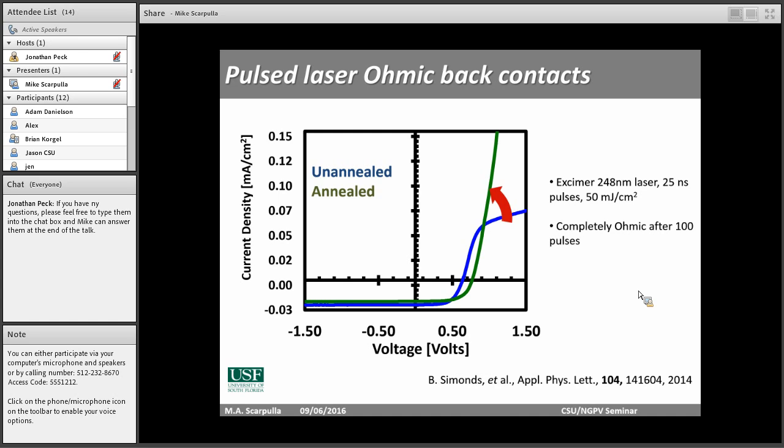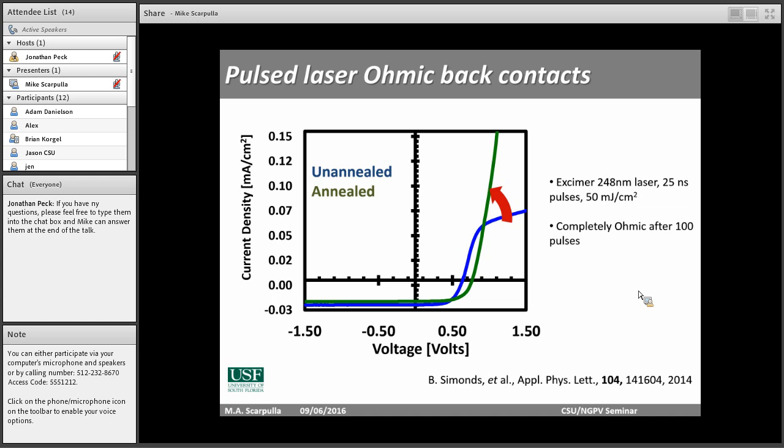Just to illustrate in real life what Jim Seitz' group showed in theory in that earlier slide, you can see if we don't do this laser treatment, the rollover of the JV curve in the first quadrant occurs in the blue, and then once we did this laser annealing treatment, we see this green curve in which that's been eliminated.